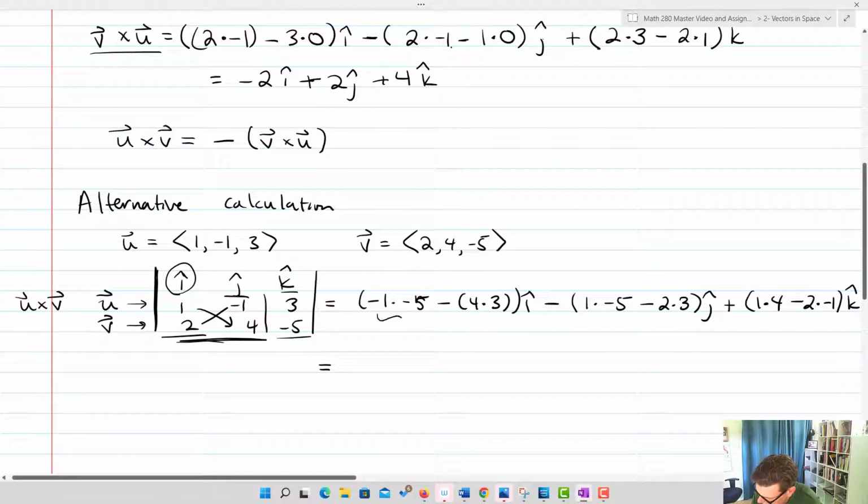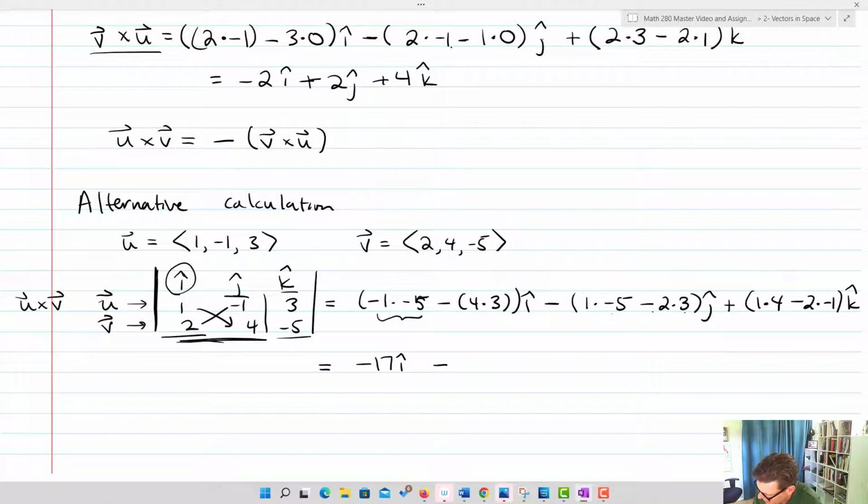So that's negative 1 times negative 5, so that's 5 minus 12, so that's negative 7i. Actually, minus, and then this is negative 5 minus 6, so that's negative 11, so it's going to be plus 11j. And then 4 plus 2, so plus 6k.